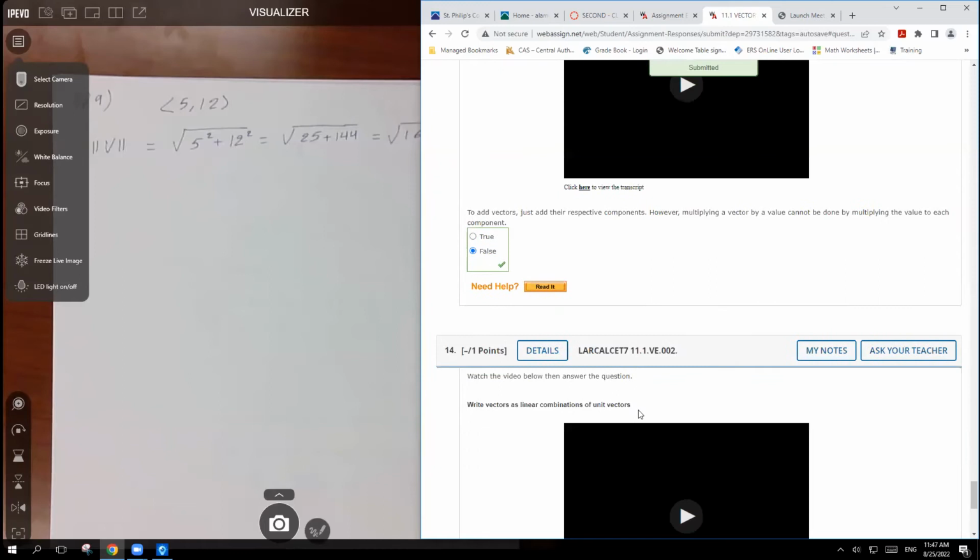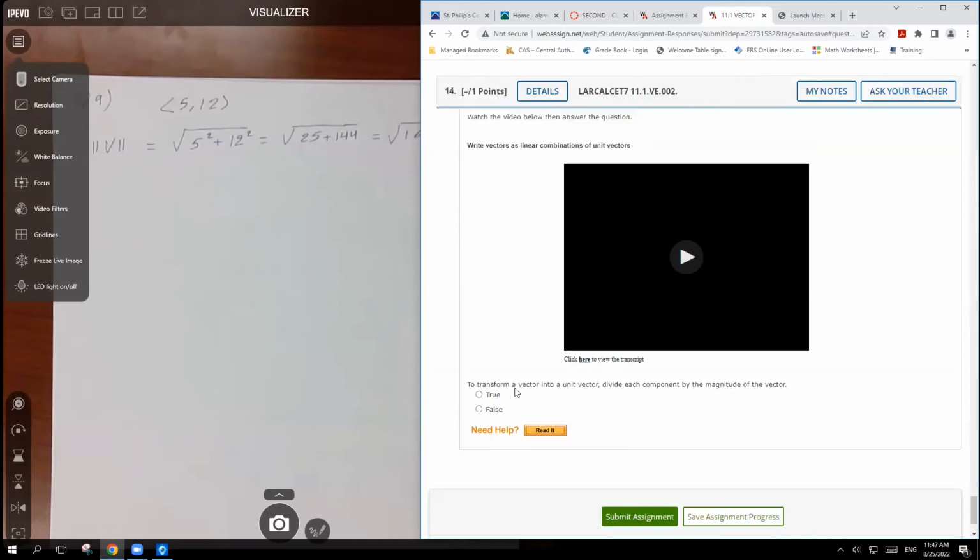The last one: to transform a vector into a unit vector, divide each component by the magnitude of the vector. Is that right or no? I would say so, yeah. Remember how to find the unit vector?